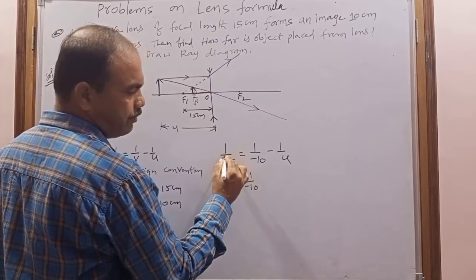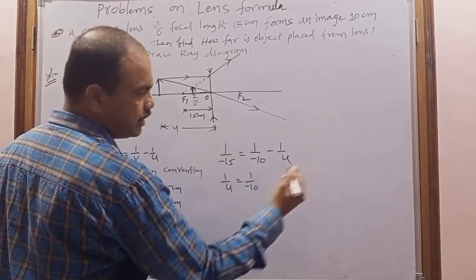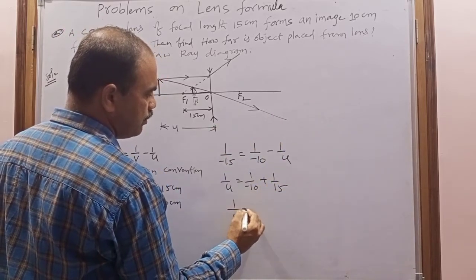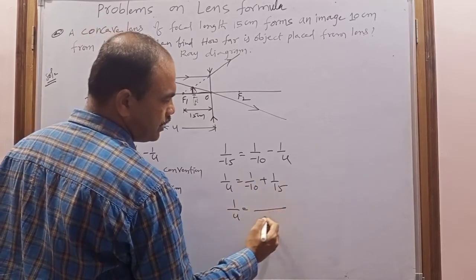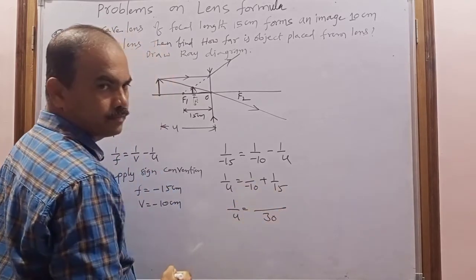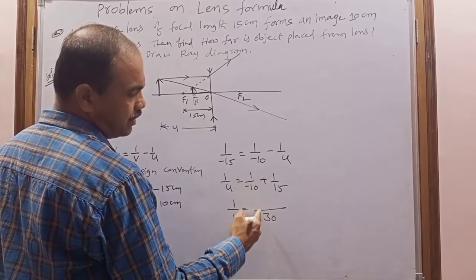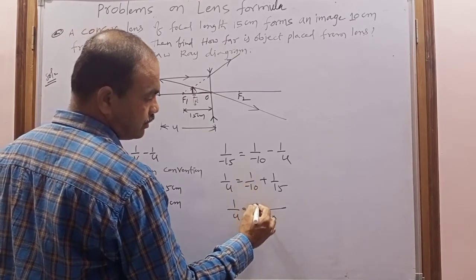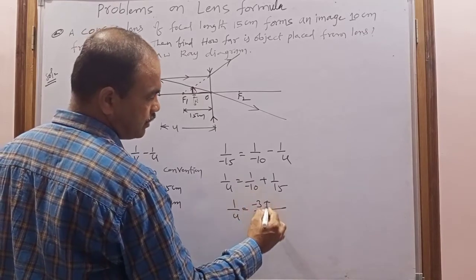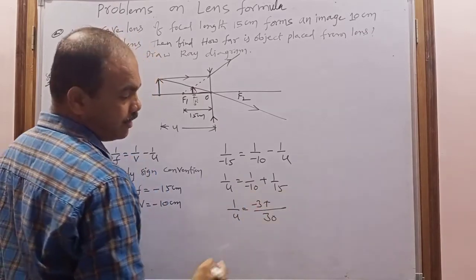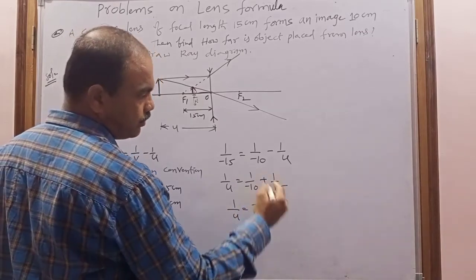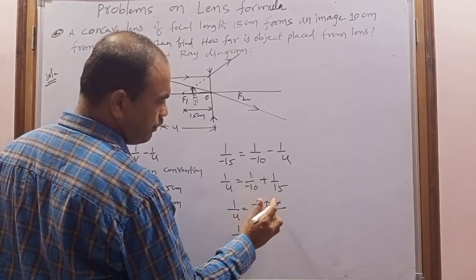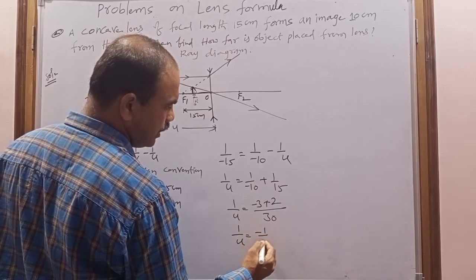When minus 1 by 15 goes to the right side, it becomes plus 1 by 15. So 1 by u equals, what is the LCM of 10 and 15? That is 30. With what value is 10 multiplied to get 30? 3 into 10 is 30. So that is minus 3. Next plus, with what value is 15 multiplied to get 30? 2 into 15 is 30. So 1 by u equals minus 3 plus 2, that is nothing but minus 1 by 30.